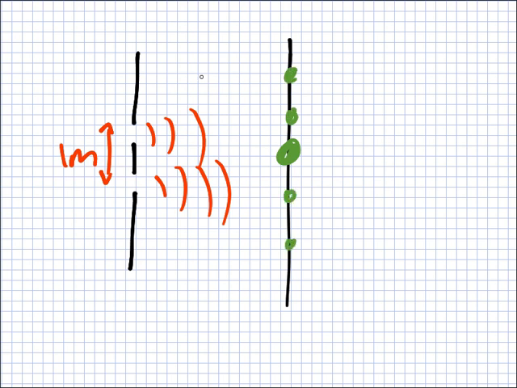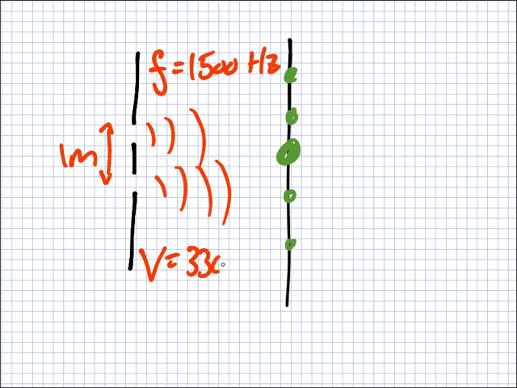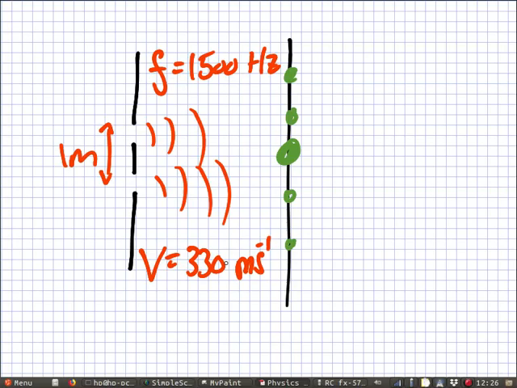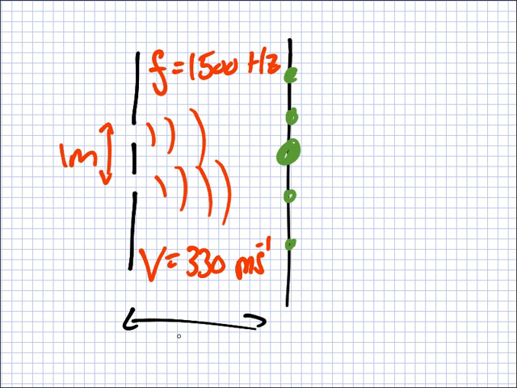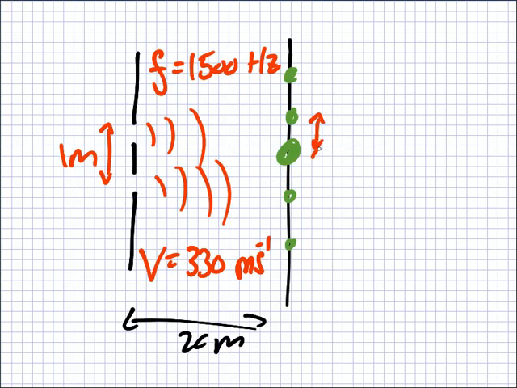And the frequency is 1500 hertz, and the V is 330. An observer, and then this distance here, 20 meters. And the question is the X, or S, whatever.